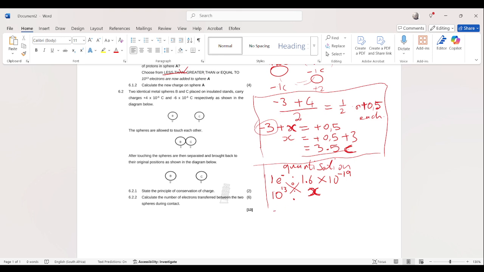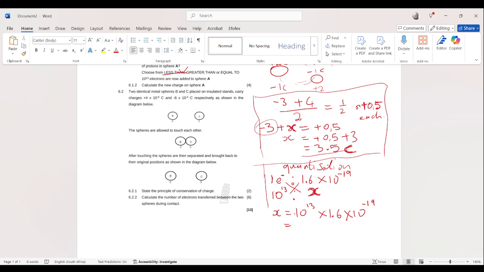Yes, sir. So x will be equal to 10 to the power of 13 times 1.6 times 10 to the power of minus 19. Hey, does anyone have a calculator? We'll have 10 to the power of 13 times 1.6 times 10 to the power of minus 19.